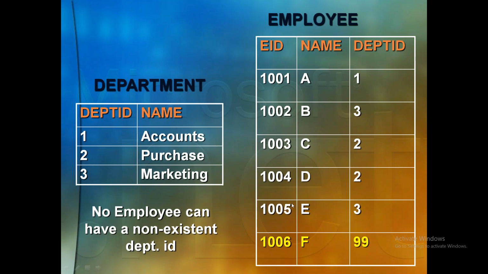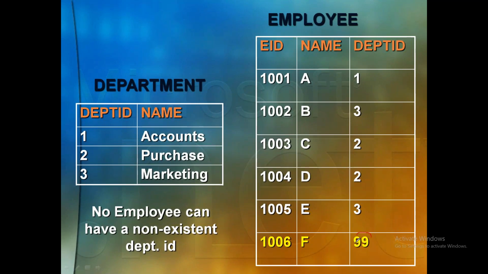If you see carefully, for employee 1006 the department ID is 99. Do we have a department 99? When you create a primary key and foreign key relationship in SQL Server, if you don't enter any data, nothing will happen. But if you enter some data, whichever RDBMS software it is, SQL Server, Oracle, MySQL, what it does is it takes 99 from here.